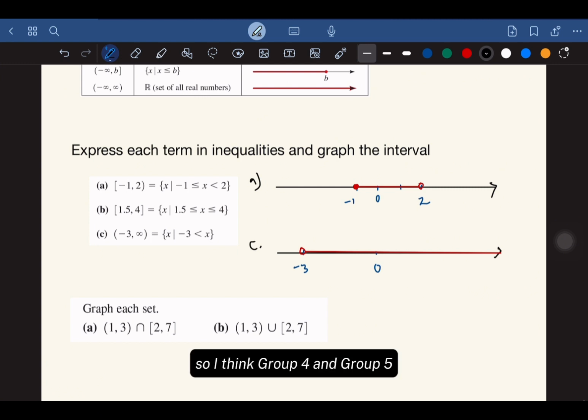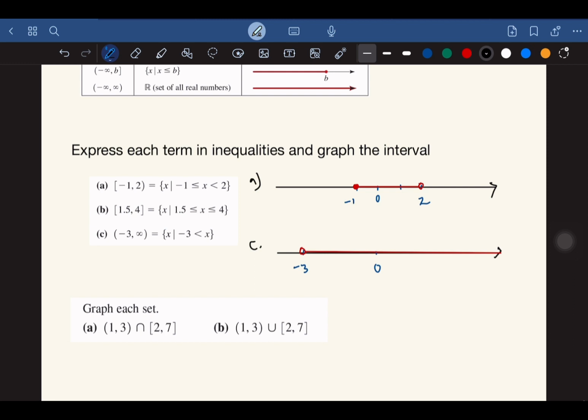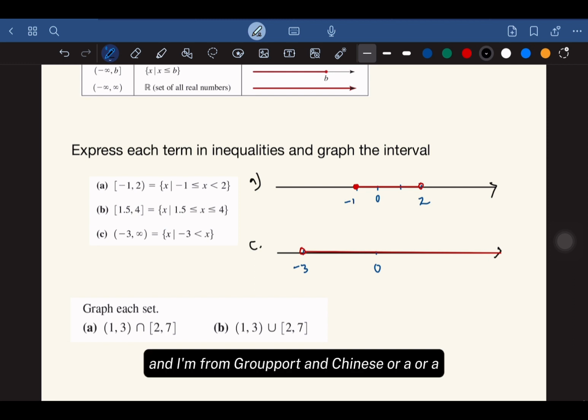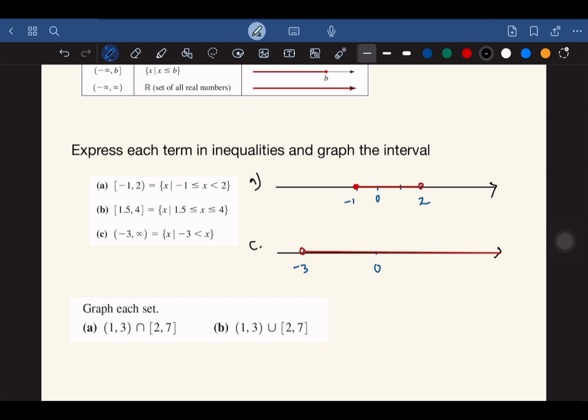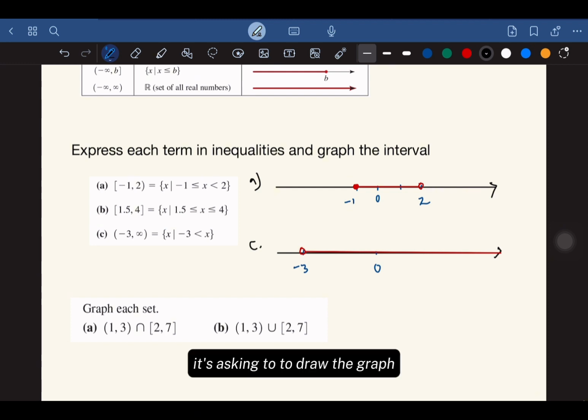So I think group 4 and group 5. Anyone from group 4? Can you try for number A? It's asking to draw the interval.